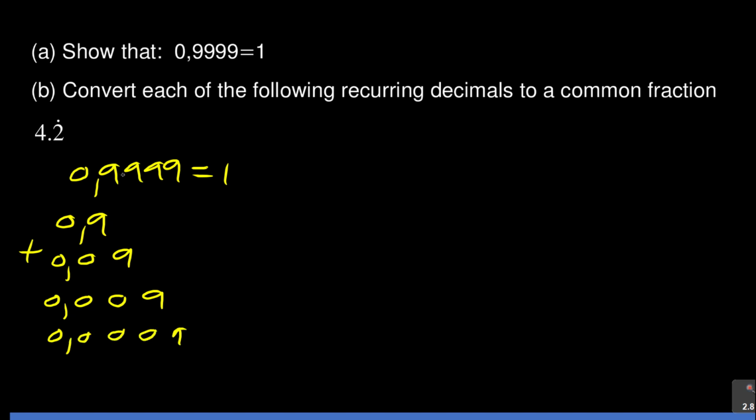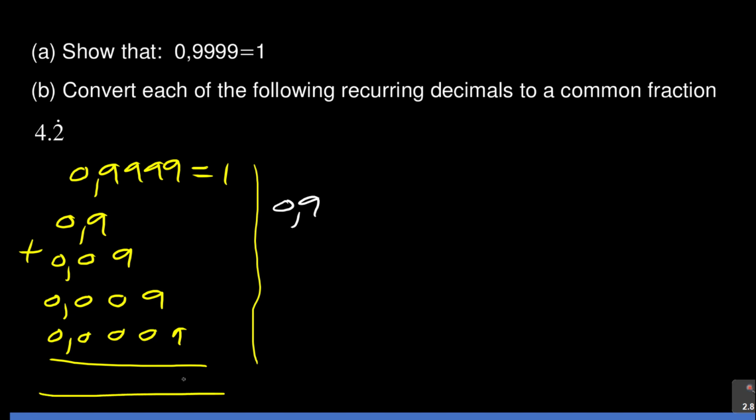How many are these? 1, 2, 3, 4. 1, 2, 3, 4. 1, 2, 3, 4. You see this? So I can write it now straight away to say this is the same as 0.9, because when I'm adding this all together, it will give me 0.999. You see that?